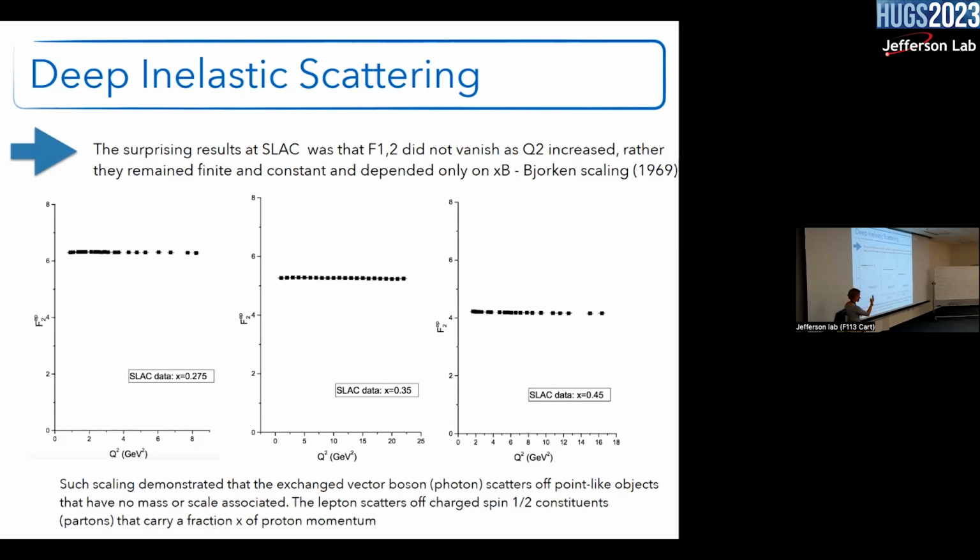So in that case, F3 was equal to 0 because we didn't have the axial charge. Okay, so this was demonstrating that the exchanged vector boson was scattering off something that didn't have an intrinsic energy scale. So something that was point-like, like the partons. Okay, so it's as if really the lepton was scattering off charged spin-1/2 constituents that were carrying a fraction of the proton.